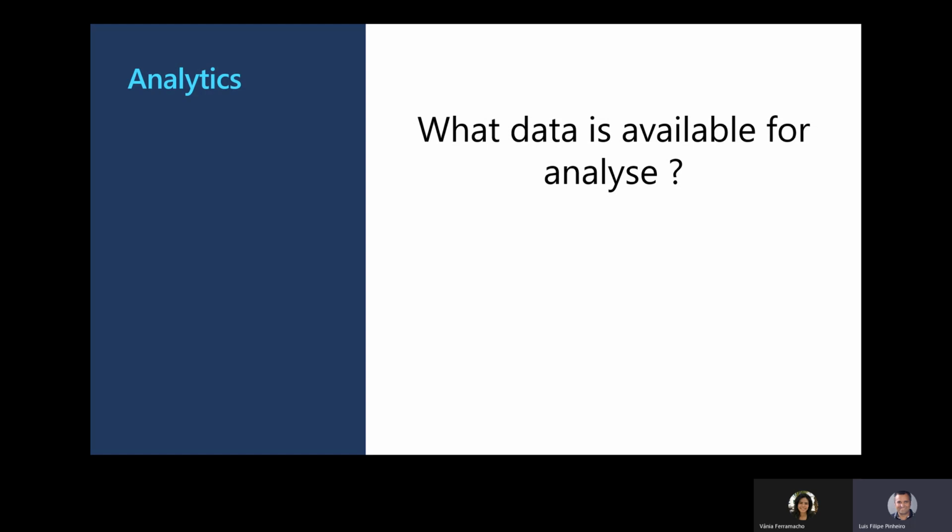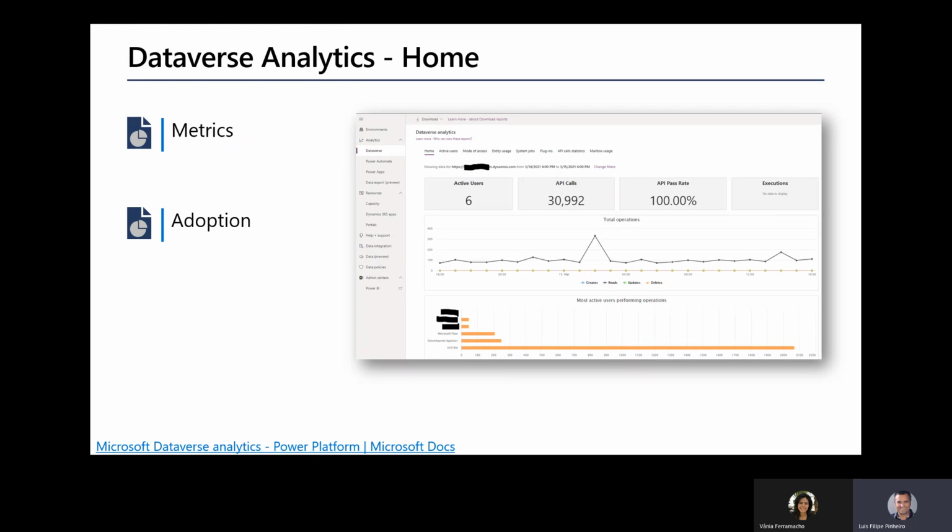So let's look at the analytics for the Dataverse. In the Dataverse analytics, you can quickly view the adoption and user metrics for your organization. To navigate to these analytics, you simply expand the analytics area of the PPAC and choose Dataverse.